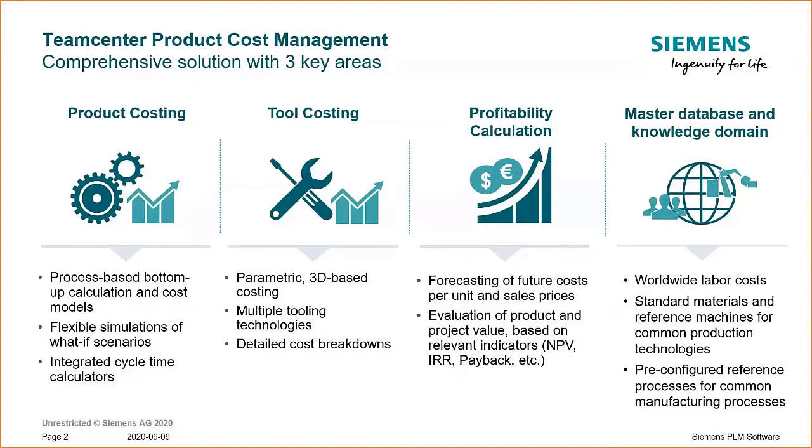Product costing uses the methodology of classic overhead calculation based on a bottom-up approach. This approach is based on a detailed product structure and defines the use of material and process costs. Different manufacturing processes can be defined and evaluated in detail with the integrated cycle time calculator. With Teamcenter product costing, customers can receive the best design and manufacturing concepts of their products.